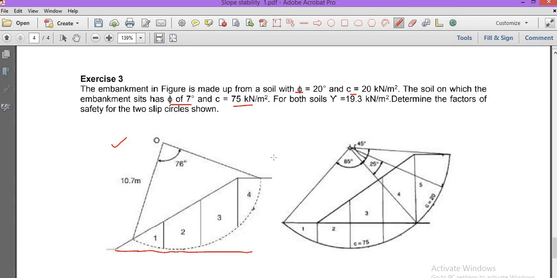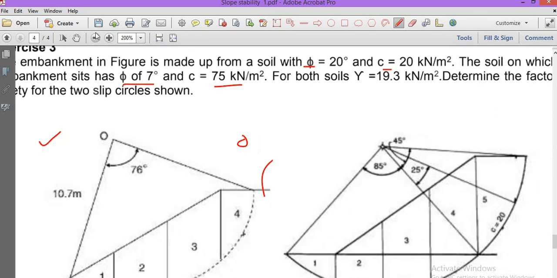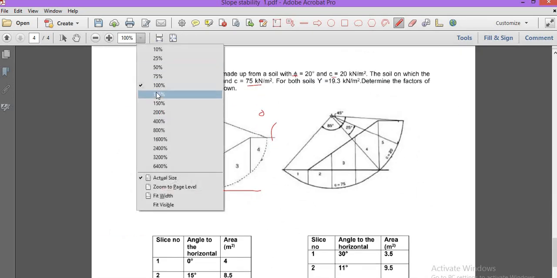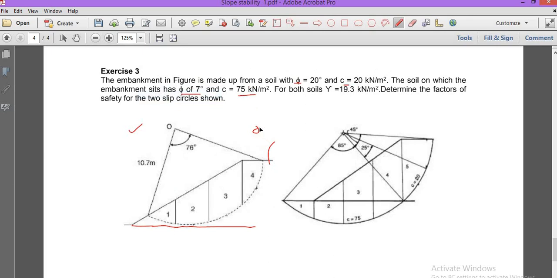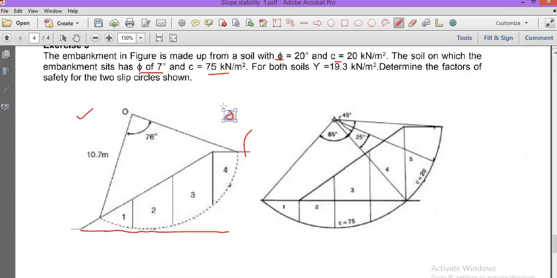So this embankment has properties of phi 20 and C 20.